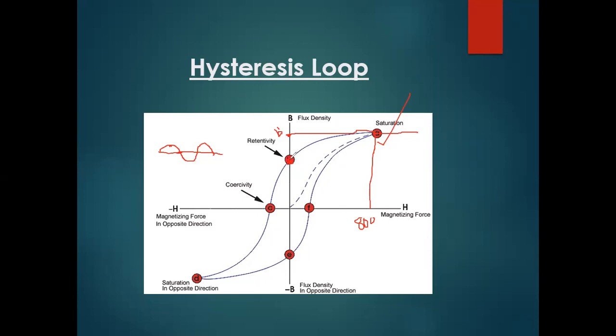This is the residual magnetic field. Residual magnetic field means if you remove the magnetizing current, the magnetizing force, some of the field remains in the material. The amount of that field depends upon retentivity. If retentivity of the material is high, the residual amount will be high. If retentivity is less, the residual amount is less.